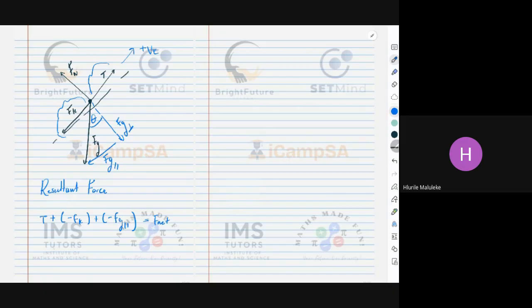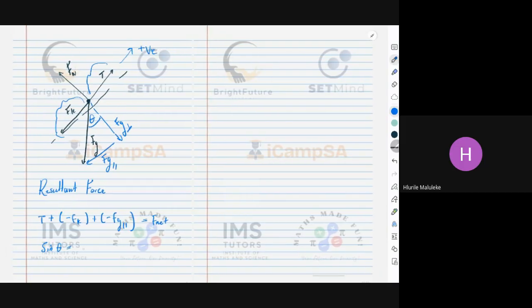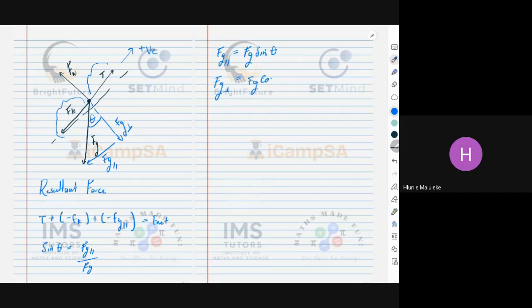So we have sine theta equals Fg parallel over Fg. Then Fg parallel equals Fg sine theta. Then your Fg perpendicular equals Fg cos theta.